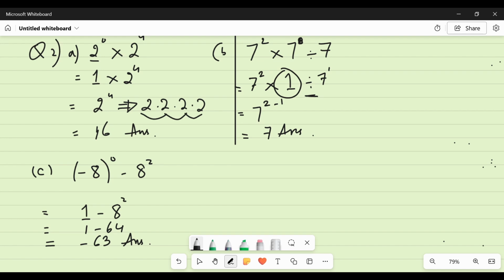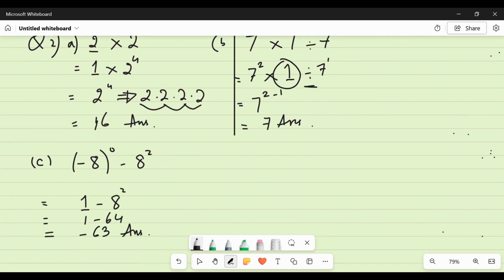Now the D part is very easy, students. Do you want me to solve the D as well? Okay. In D, it is 3 to the power cube plus 3 to the power 0 minus 3.